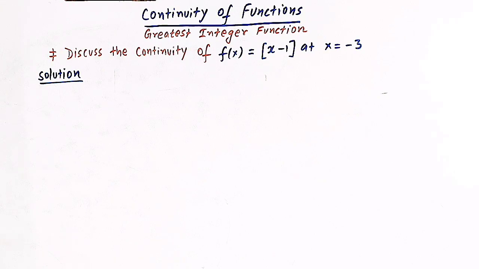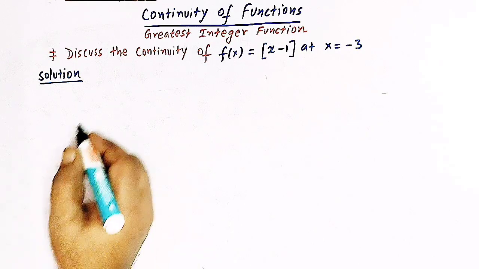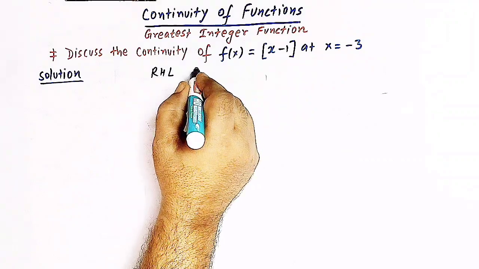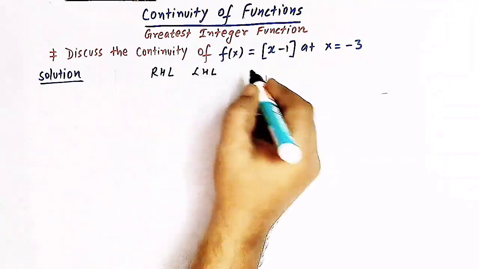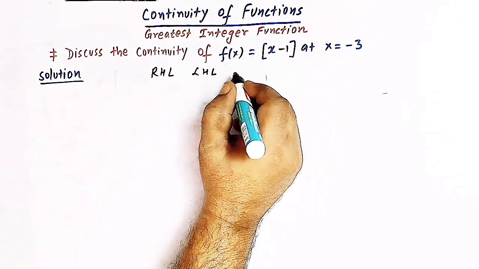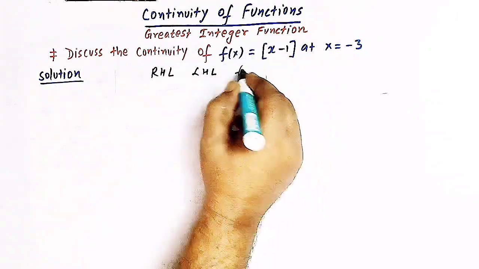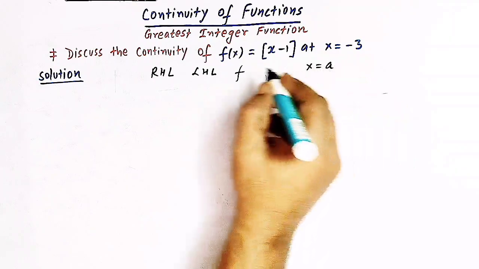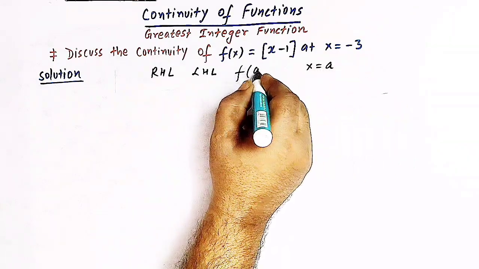To discuss the continuity of a given function at some given point, we find out the right hand limit, then the left hand limit, and then the value of the function at the given point. If we take the point in general as x is equal to a, then we find f of a.